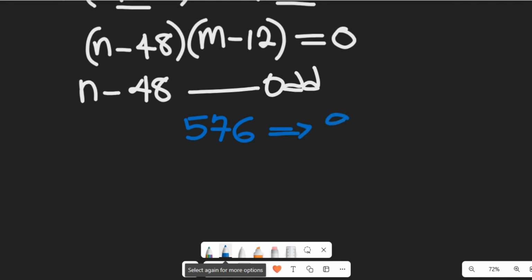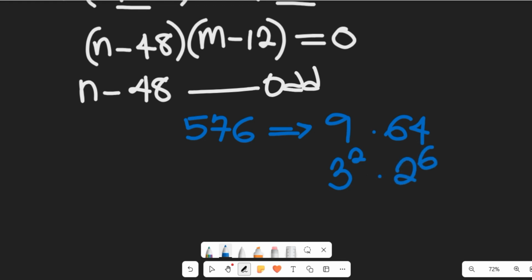If we take 9, 9 gives us 64. 9 times 64 gives us 576, and 9 is 3 squared, right? So 3 squared, while 64 is 2 to the power of 6. So if I simplify this, I can get the odd factors, because this is an odd number while this is an even number. So that means all the odd numbers I will get will be 3, 3, 3.